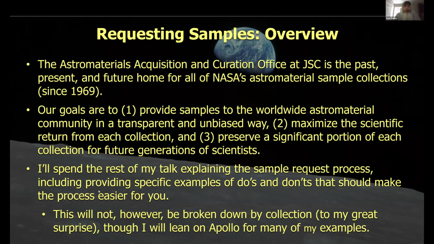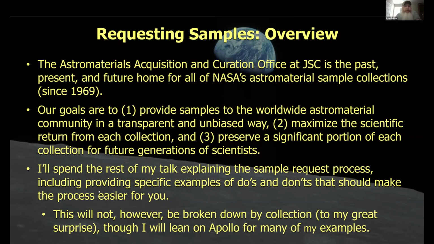The Astromaterials Acquisition and Curation Office here at JSC is the past, present, and future home for NASA's Astromaterials sample collections. We've been doing this for over 55 years now, and continuing to look forward into the future. We have a couple different competing goals. We want to provide the samples to the worldwide community in a transparent and unbiased way.